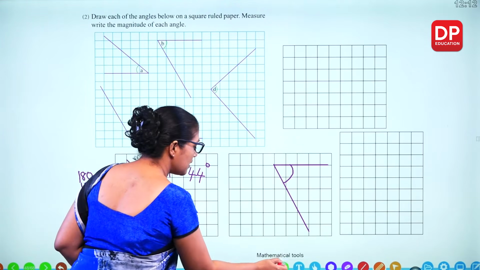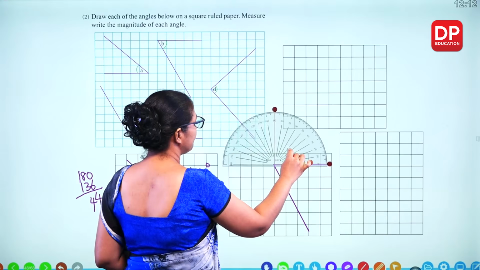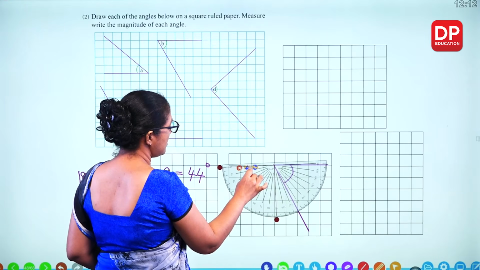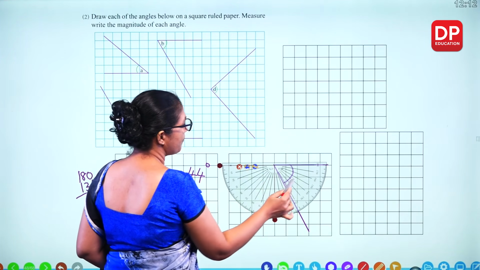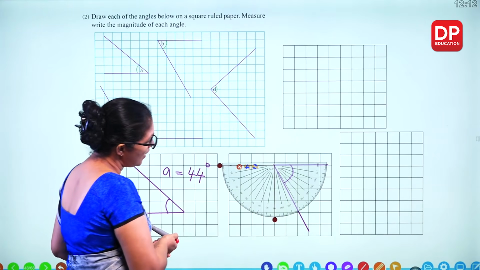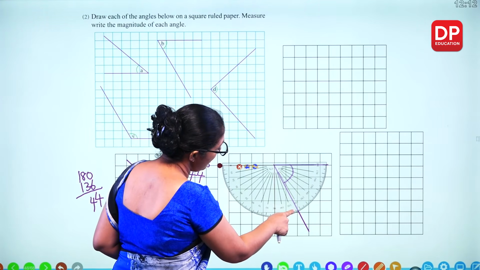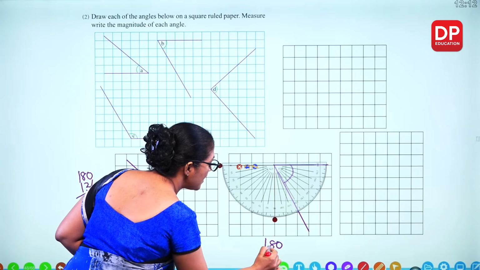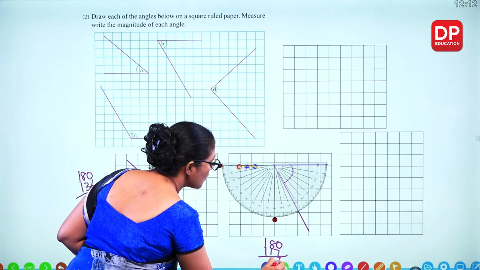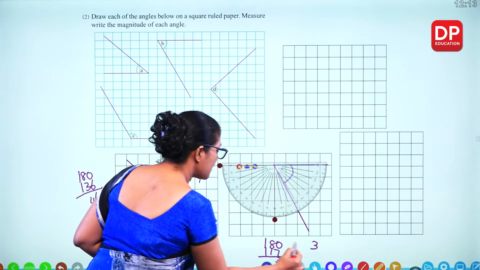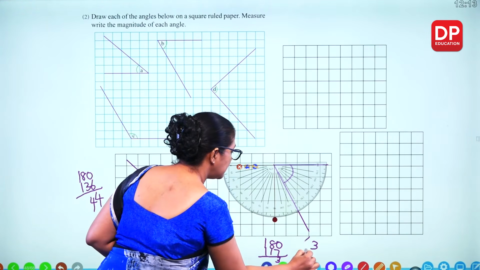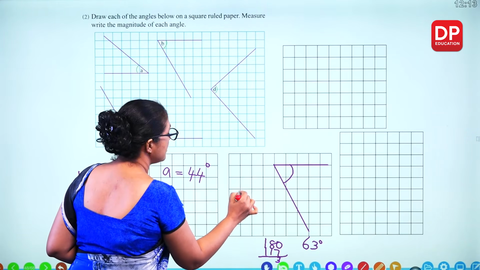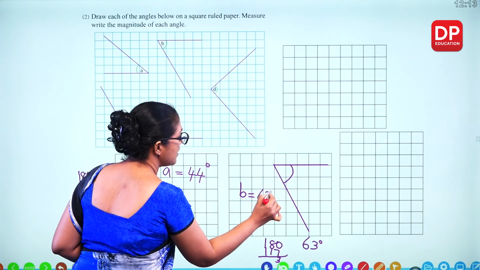So measure that. Take the protractor and rotate it to measure the angle from here to here. I get 117. So what's this angle? 180 minus 117 is 63 degrees. So I'm getting the B angle as 63 degrees.